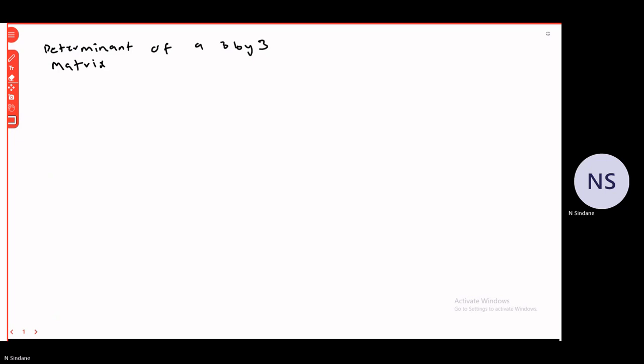So today I'm gonna show you a manual way of calculating a determinant of a 3 by 3, right? Note that this is very much important. You're gonna use this a lot when you are dealing with 3 by 3.